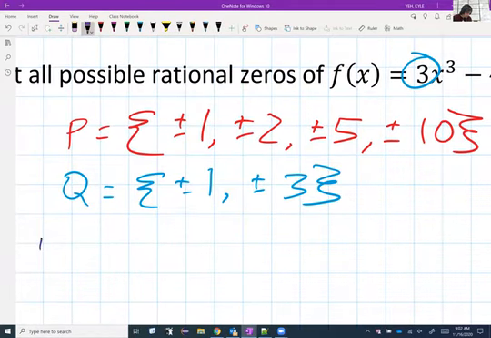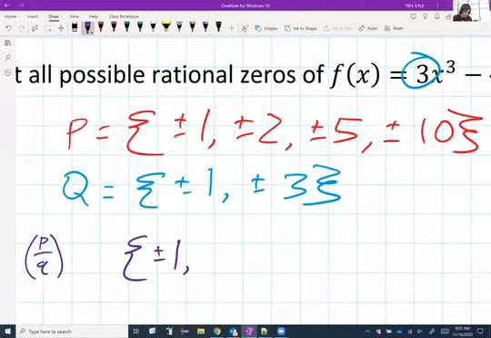So if I'm looking for all the P over Q's, well then all the possible zeros are plus or minus, let's just go down the line like we did last time. 1 over 1, so 1. 1 over 3, so plus or minus 1/3.